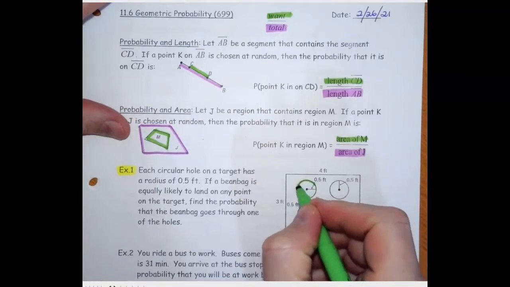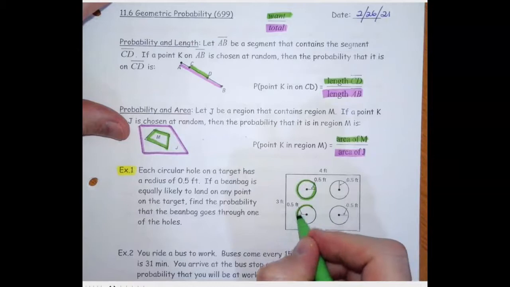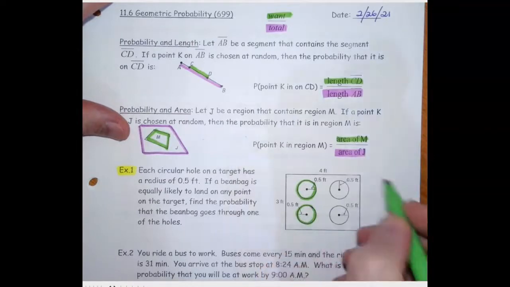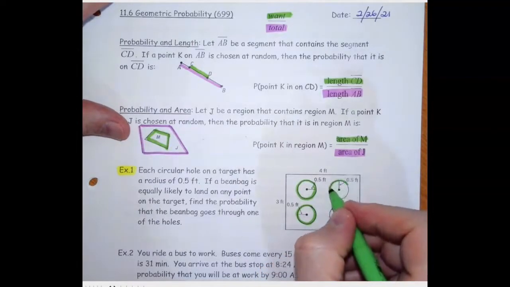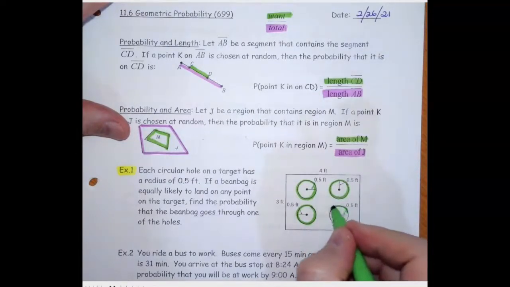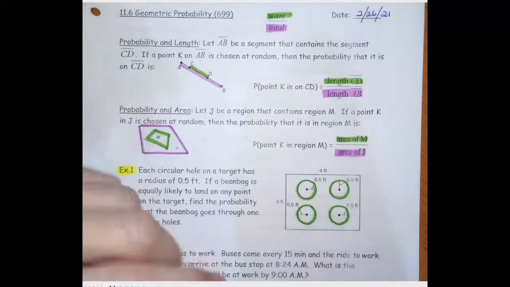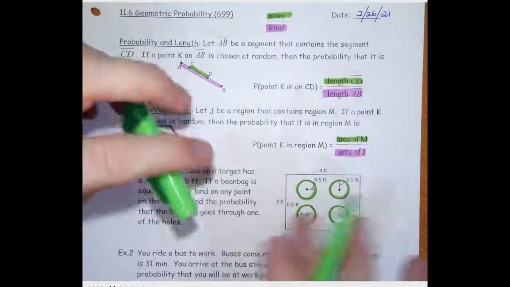Now, any of us who have played cornhole before, or I don't know if you have a different name for it, know that you don't, well, maybe you do if you're really good, hit the board every time. But every once in a while, maybe we miss the board. And that doesn't account for also sliding and stuff like that.